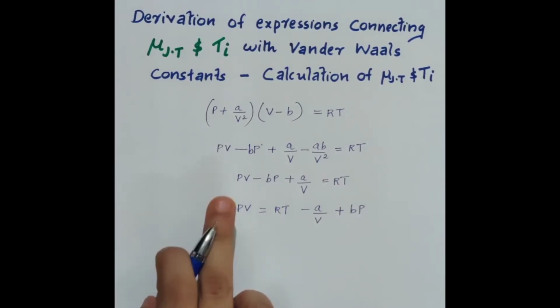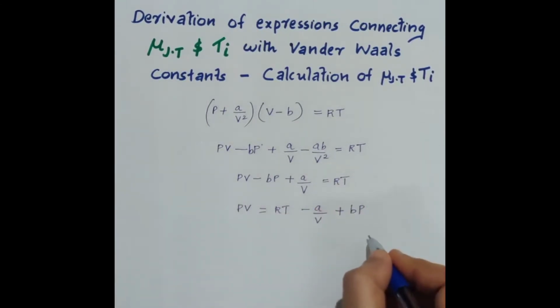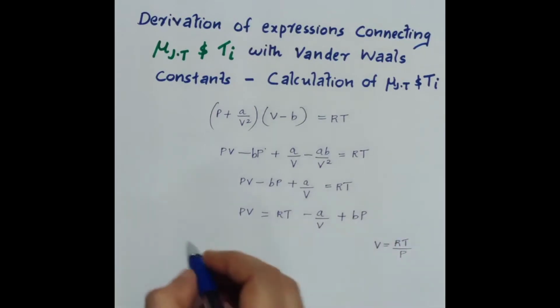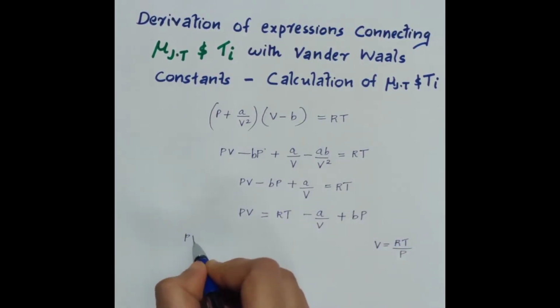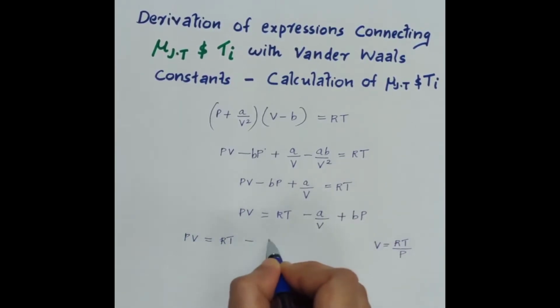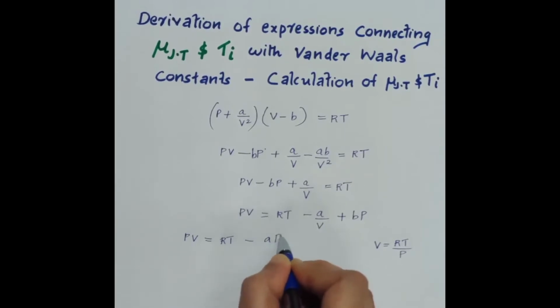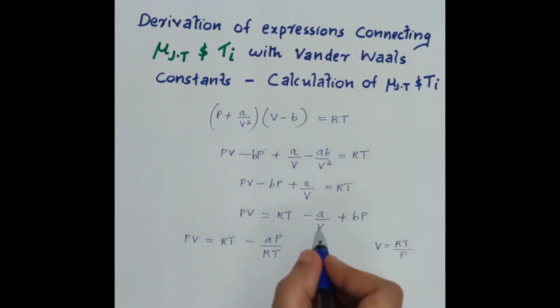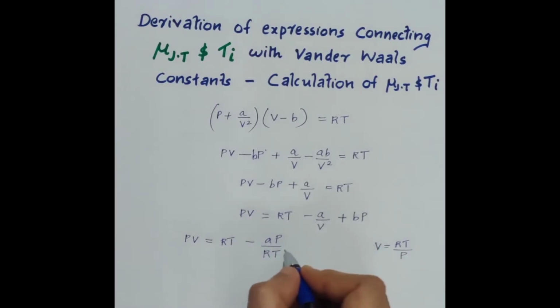Next, introducing another approximation, V = RT/P. Substituting this V = RT/P into the equation, we can write PV = RT − aP/RT + bP.